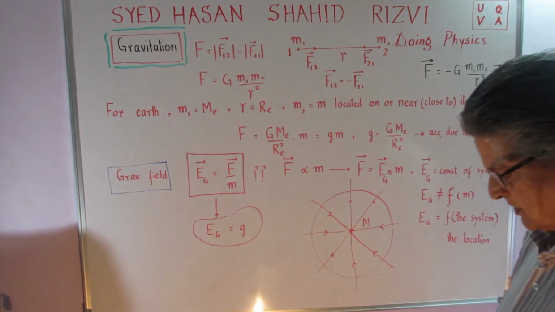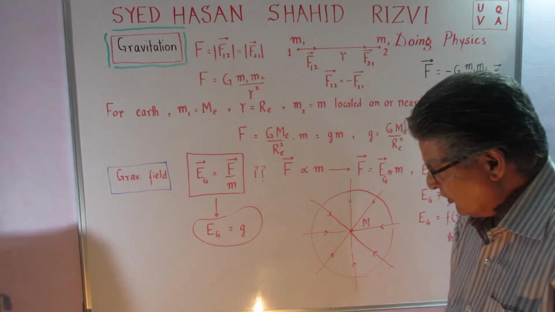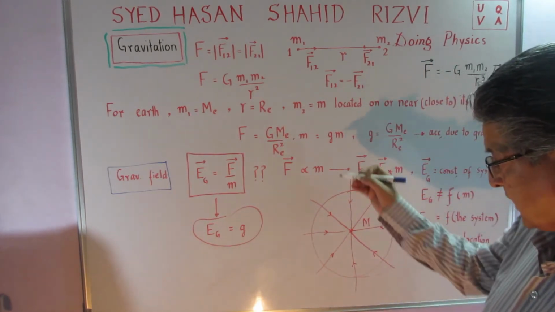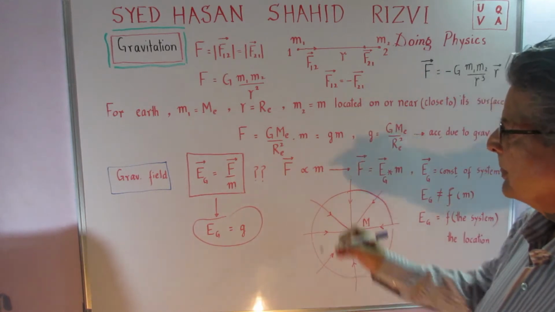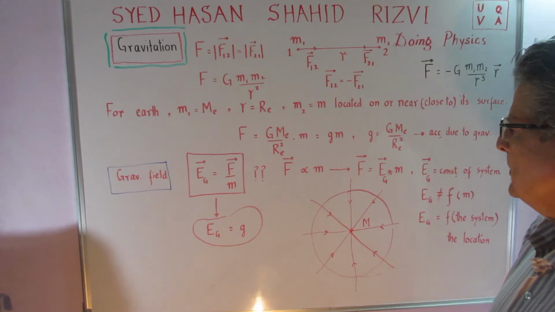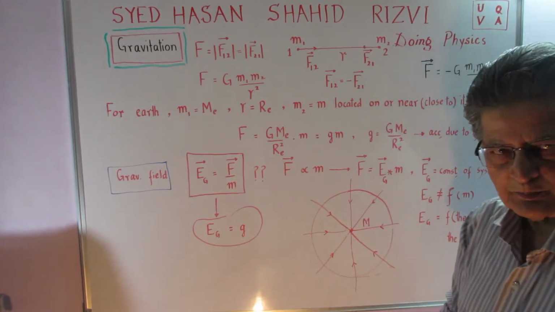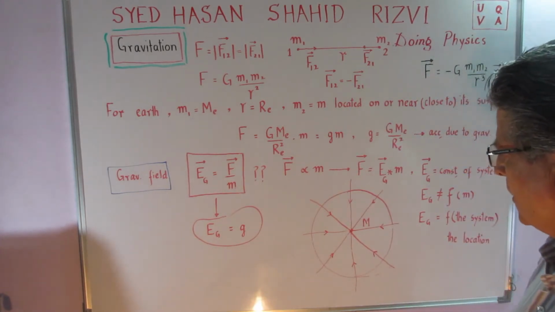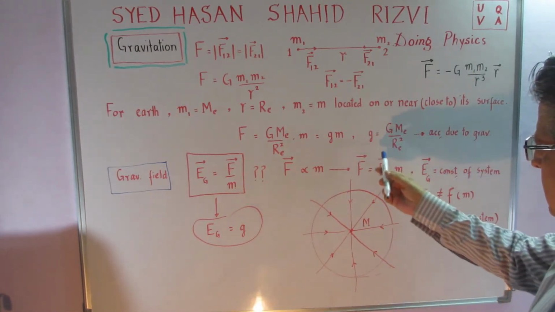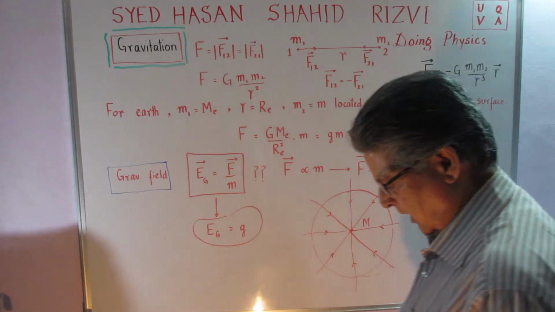That means that the force on this body of mass M, which can be varied, this force is directly proportional to this mass M. So this gives F is equal to a constant times M.